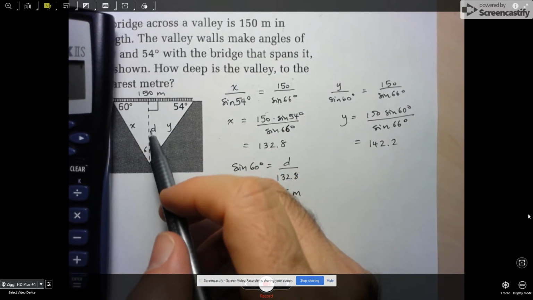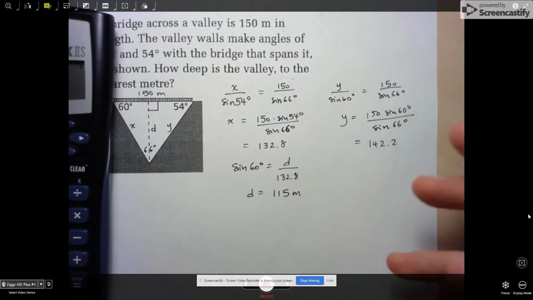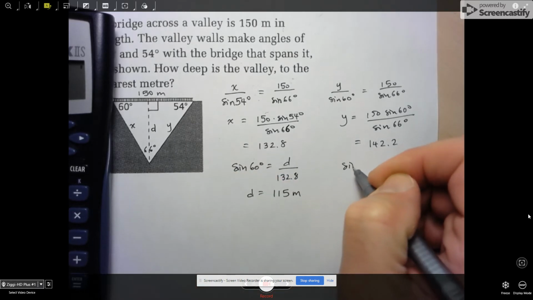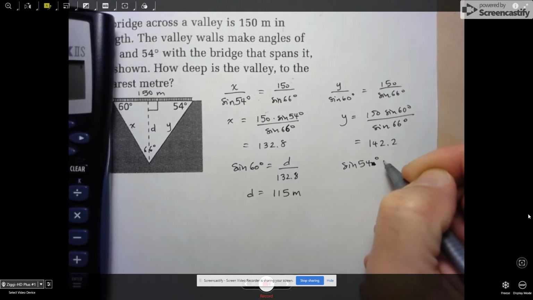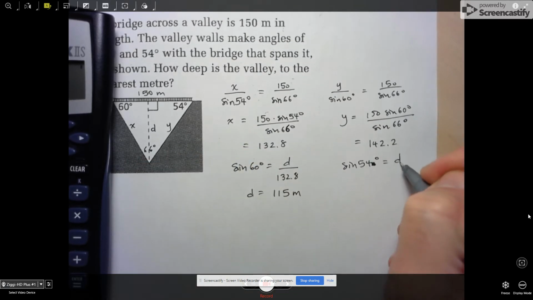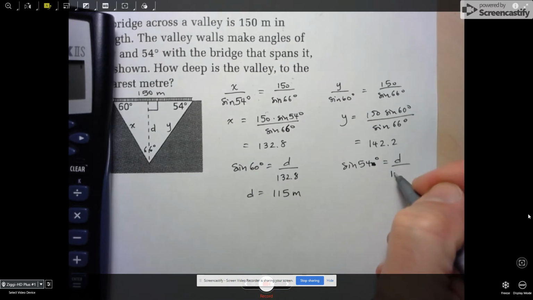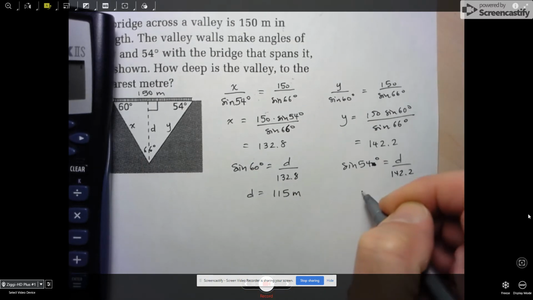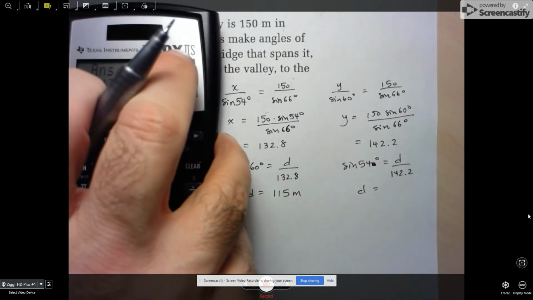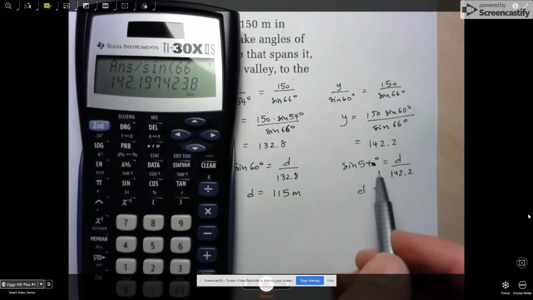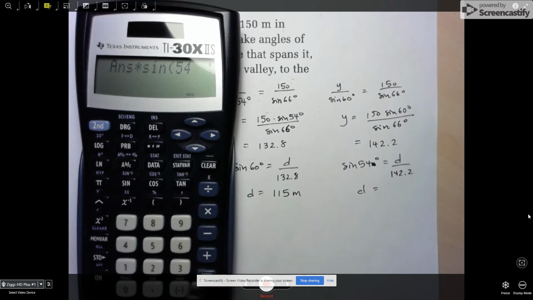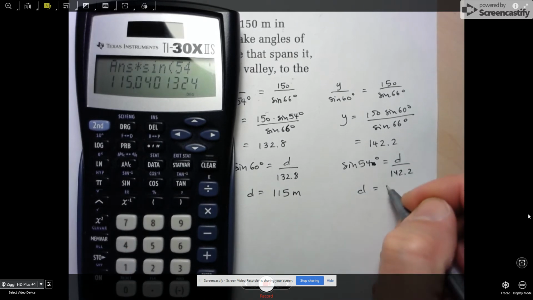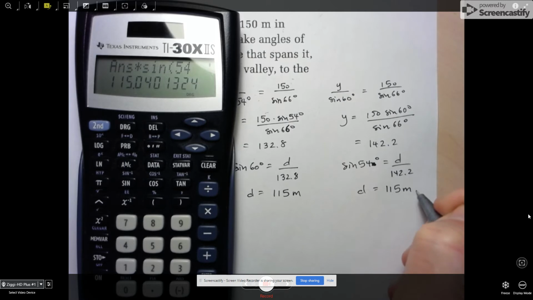I'm looking for the opposite side. I know the hypotenuse, so again, I'm going to use sine. So sine of 54 degrees is equal to the opposite D over the hypotenuse, which is 142.2. So D is equal to 142.2 times sine of 54, which again is equal to 115 meters.